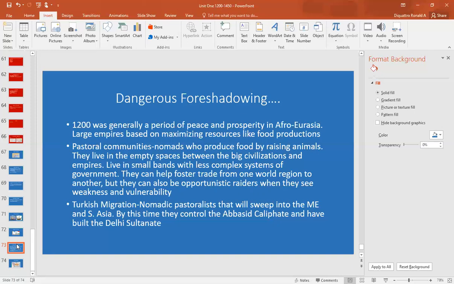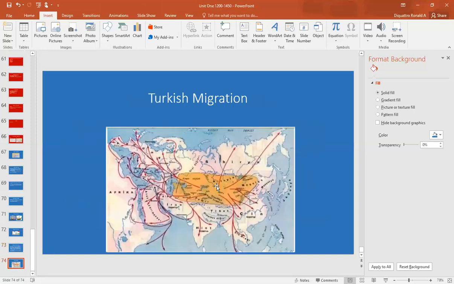Now, one group of people who are a group of nomadic pastoralists that I've already alluded to are the Turks. The Turks start off in Central Asia. They were pastoral nomads, and they're going to start to migrate all over Asia. By this time period, they have actually migrated into the Abbasid Caliphate. The leadership of the Abbasid Caliphate, the office of the Caliph itself, is now controlled by Turkish migrants.